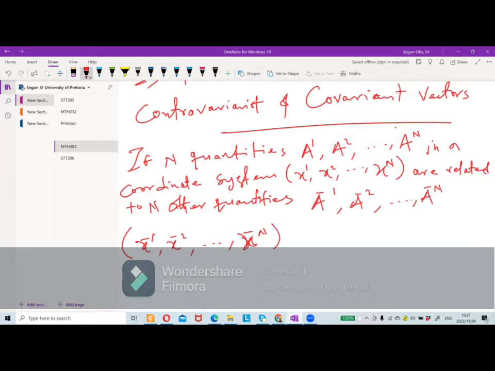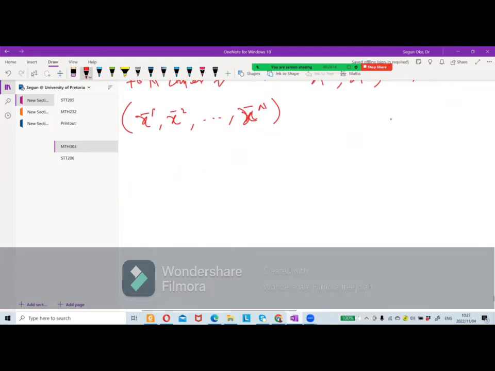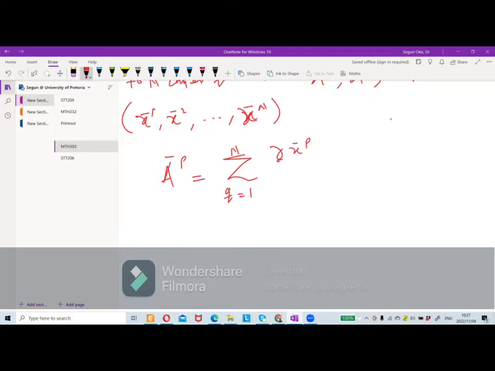By the transformation equation, we have a bar p equals the summation of q equals 1 to n of the partial derivative of x bar p over partial derivative of xq, multiplied by aq, where p equals 1, 2 to n.